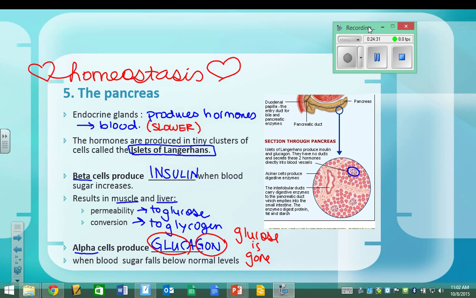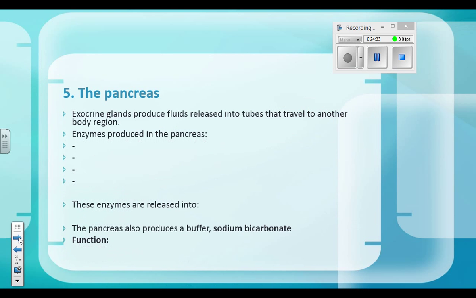Now your pancreas does other things. It also functions as an exocrine gland. If we look at endo versus exo, endo sounds like inside, exo sounds like outside. And if you refer that to your blood, that can be the distinction. Endocrine glands put things into the blood.